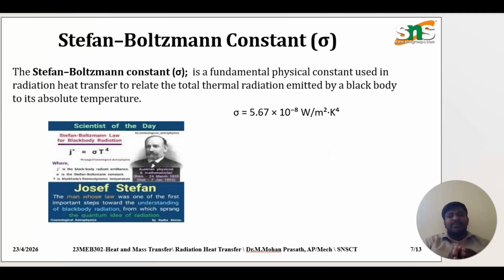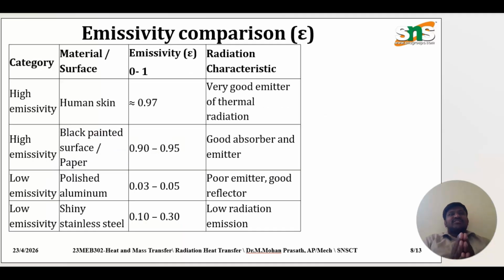Next, the Stefan-Boltzmann constant. The heat transfer by radiation is expressed using the Stefan-Boltzmann constant, denoted by sigma. The value of sigma is 5.67 × 10^-8 W/m²K⁴. Next, radiative heat transfer is expressed in terms of emissivity.